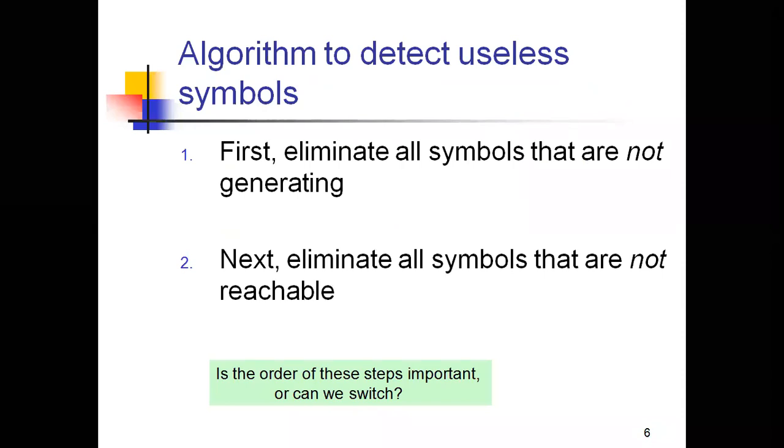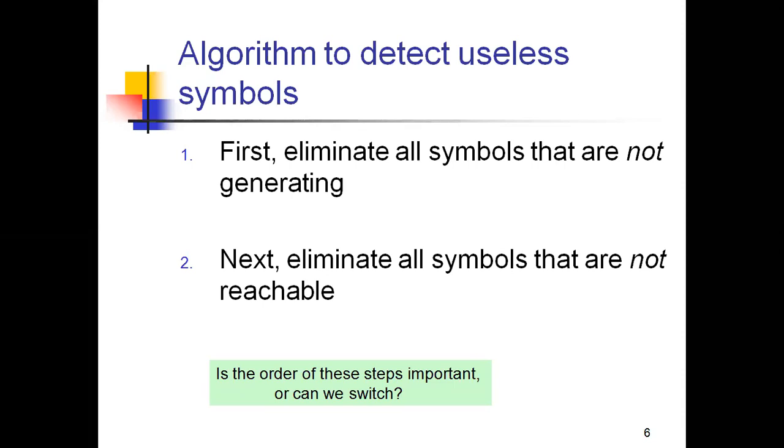Up to now we know what the useful variables are. Vice versa, if it is not a reachable variable, or if we cannot generate a terminal string from that variable, then it is automatically a useless symbol. If you know what useful symbols mean, you can easily understand what useless symbols are. And here we have an algorithm for detecting the useless symbols.